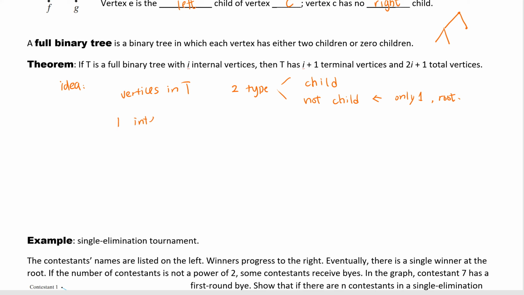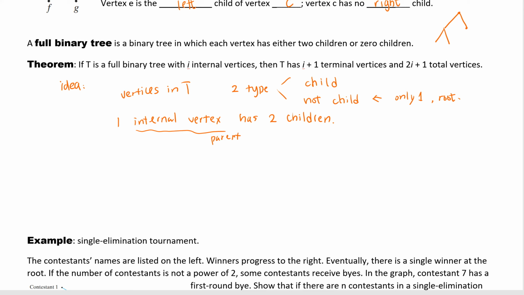One internal vertex has two children, right? So this internal vertex is the parent of two children.